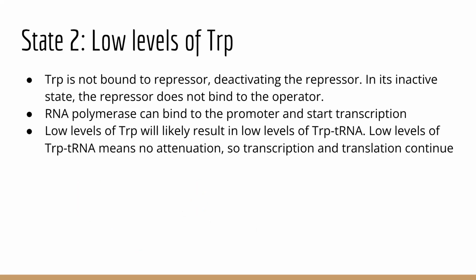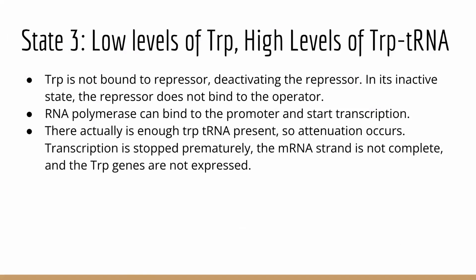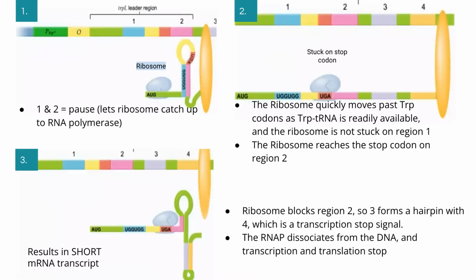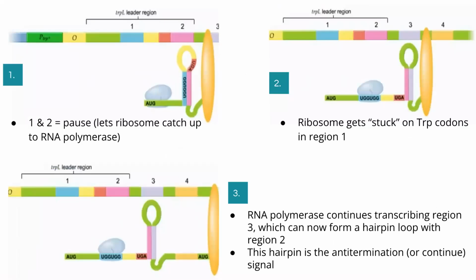Yes, and the reason for that is this right here, right? Because there are high levels of tRNA, it doesn't pause right here. And this is the situation where there is no charged tRNA.